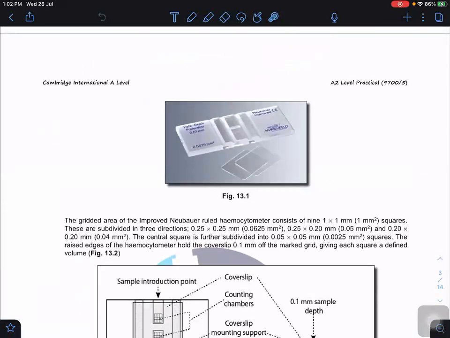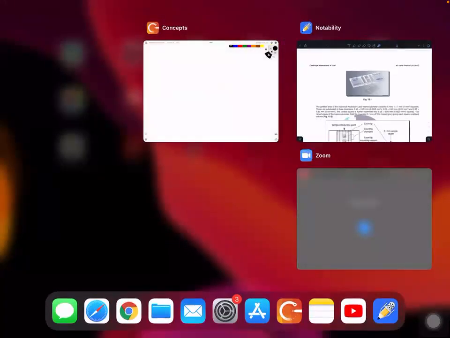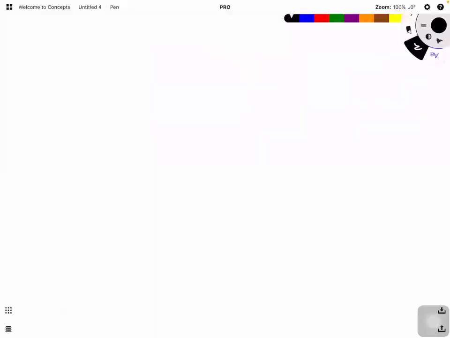So let us look at this counting grid. From the top view of this hemocytometer, you can see that we have this structure.